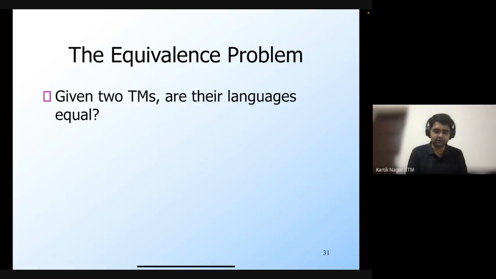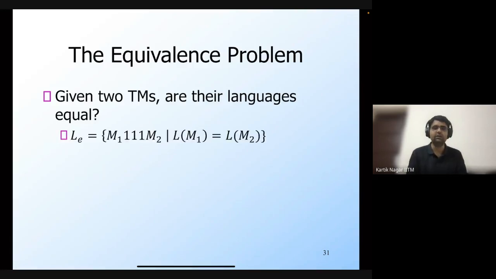So one way to encode this would be as follows. I would say that LE is the language corresponding to the equivalence problem, and it consists of instances of the form M1, 111, M2. Here, M1 and M2 are both encodings of Turing machines.